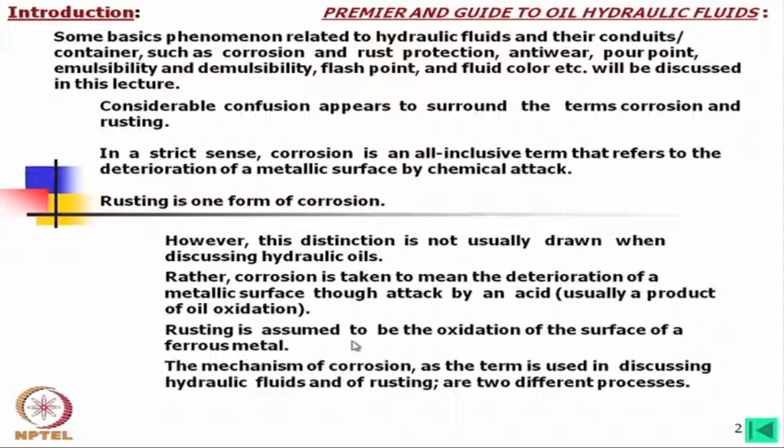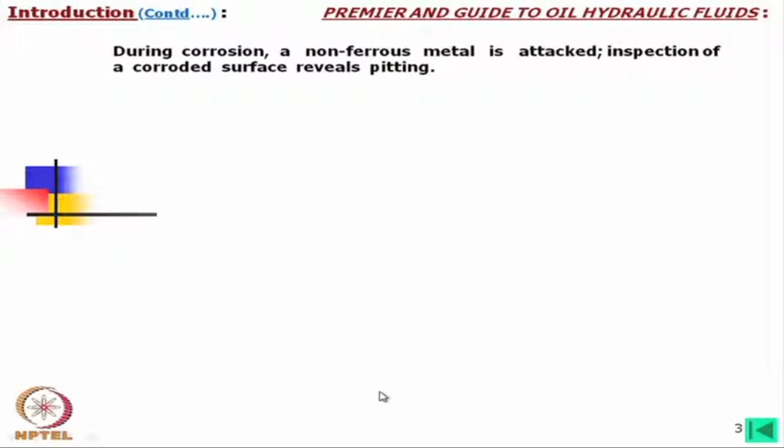The mechanism of corrosion, as the term is used in discussing hydraulic fluids, and of rusting are two different processes that we should remember. During corrosion, a non-ferrous metal is also attacked.